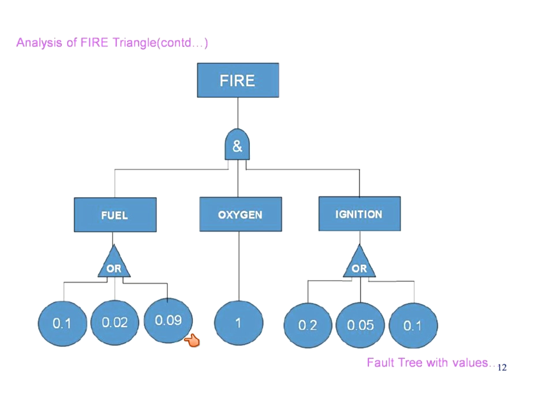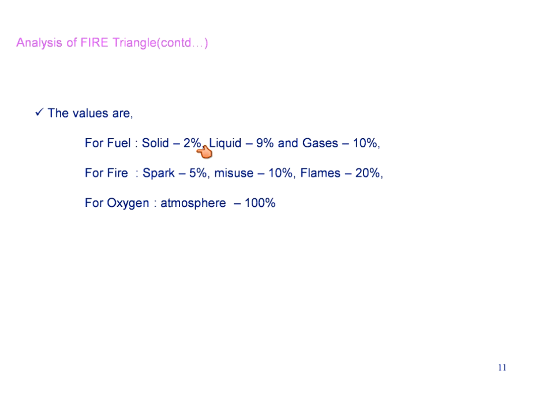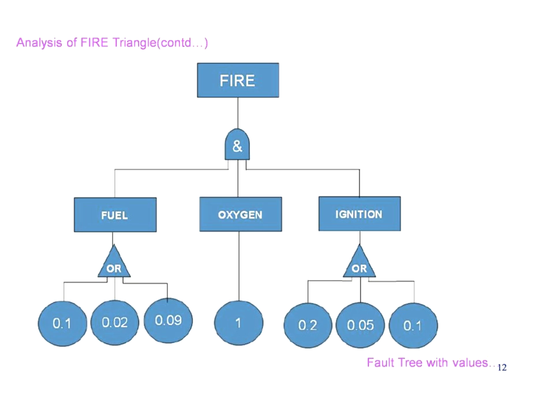Just divide these values by 100. So you can convert the percentage into normal values and write it here. Gases, solid, and liquid. Oxygen is 100%, so 100 divided by 100 is 1.